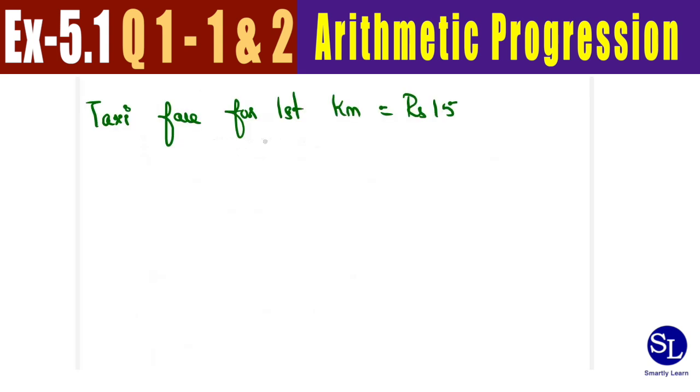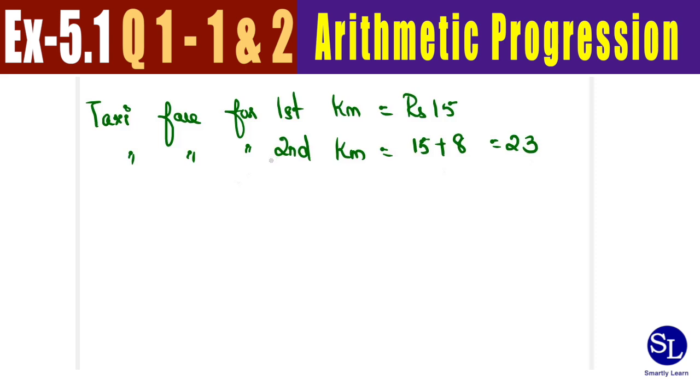So the taxi fare for the second kilometer is going to be 15 plus 8, because for the first kilometer you incurred a charge of 15, and for the second kilometer you're going to incur an additional charge. So it is going to be 23. So after the first 2 kilometers you're going to pay rupees 23.